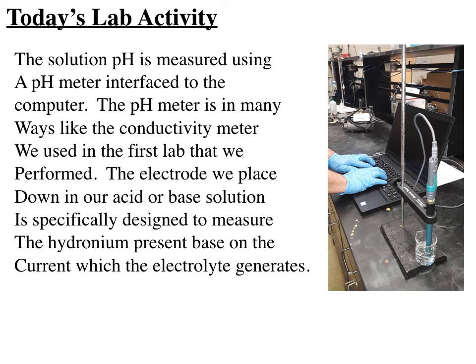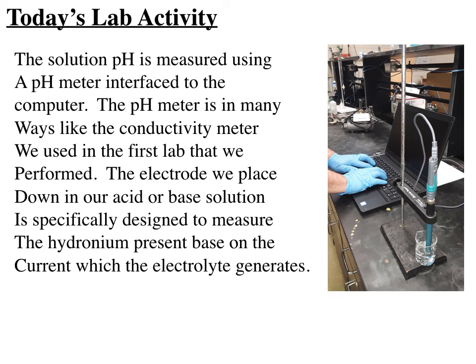And remember what a conductivity meter does is it measures how much current will flow through a solution containing electrolytes. Acids and bases are electrolyte solutions. They are charged species floating around in water. So if you put current into them, that current can flow, and you can measure the strength of that current.